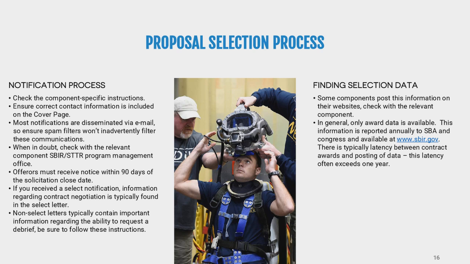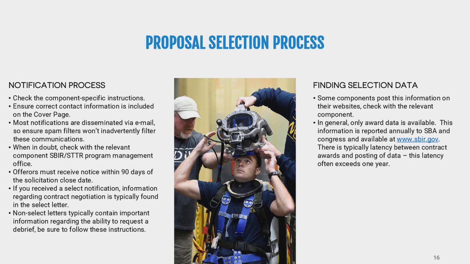As far as finding selection data, selection data is a little harder to come by. What you can do is check the various component-specific SBIR and STTR websites. Places like Army will actually post their select data, but most don't.